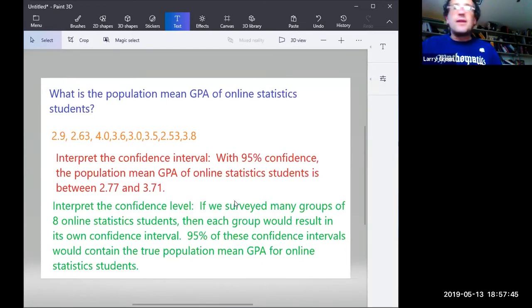Then each one of them would produce its own confidence interval for the population proportion of people who would vote for a socialist president. 95% of those confidence intervals would contain the population proportion of Americans who would vote for a socialist president. So very similar to the last example. And by the way, you'll get more examples when you're doing the homework because you'll have to do that.